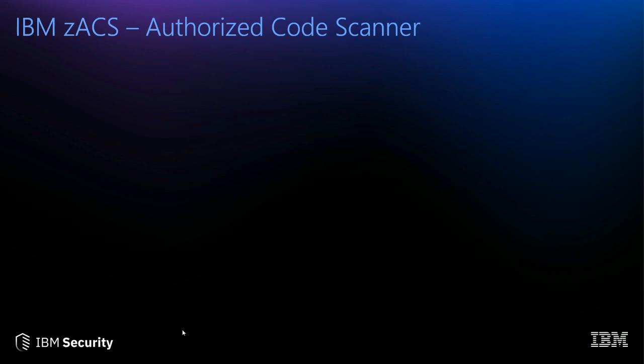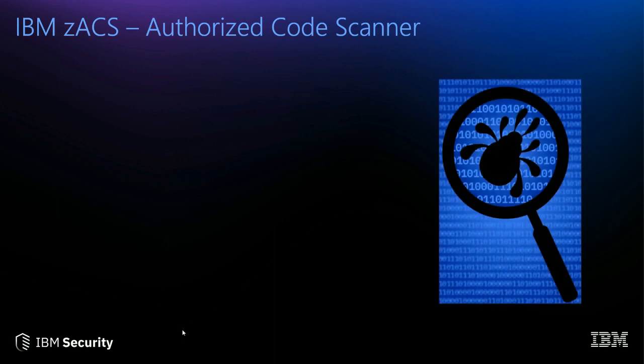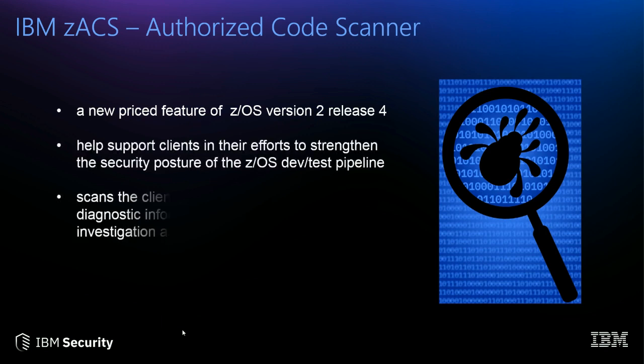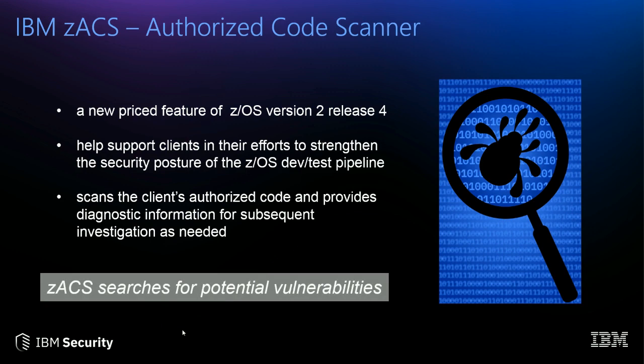To do this, now we can use a new tool named z/OS Authorized Code Scanner, or zACS, that provides the ability to test PC and SVC authorized code to provide diagnostic information for subsequent investigation as needed. zACS is a new priced feature of z/OS version 2.4 that helps clients to ensure the security posture on z/OS, especially in the development and test pipeline.